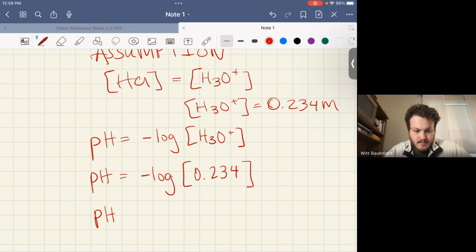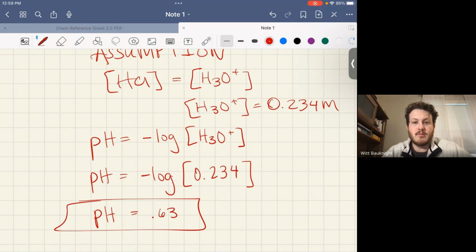I have a TI-89 where there isn't a button for it. Log base 10 of 0.234. And in my calculator, I get the final answer at 0.63 for my pH. Cool. Hope that helps.